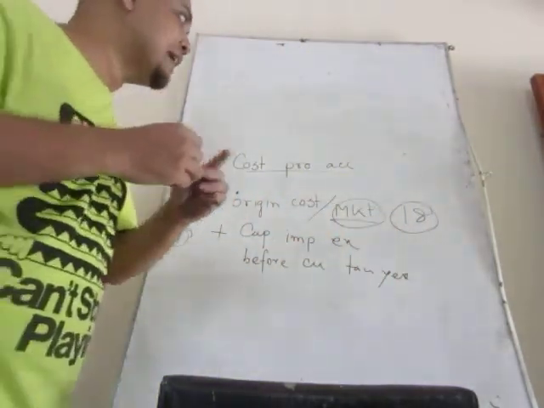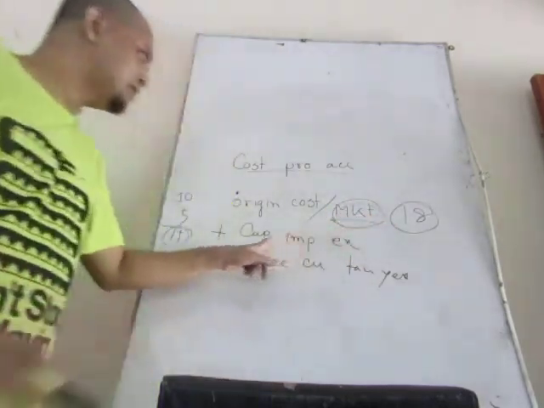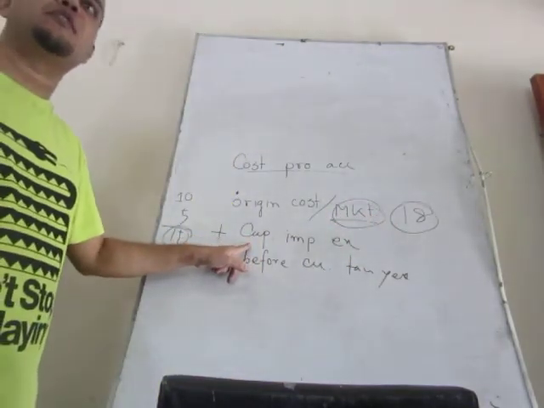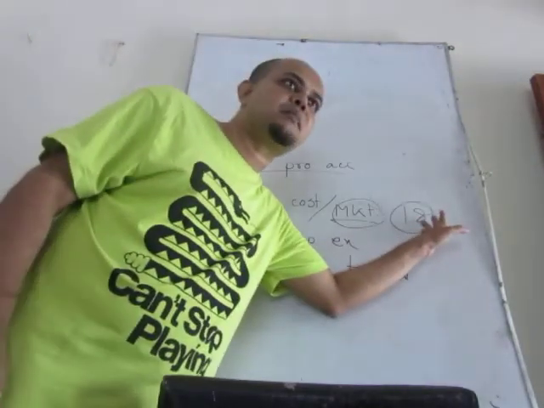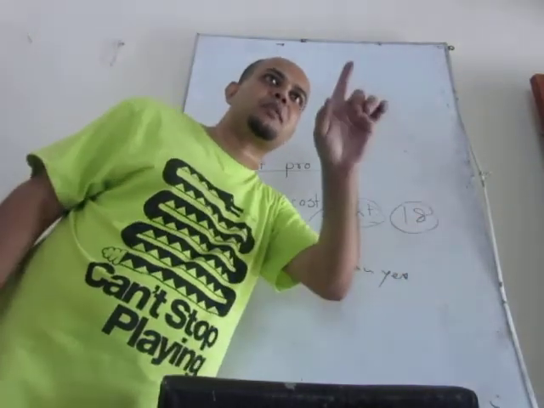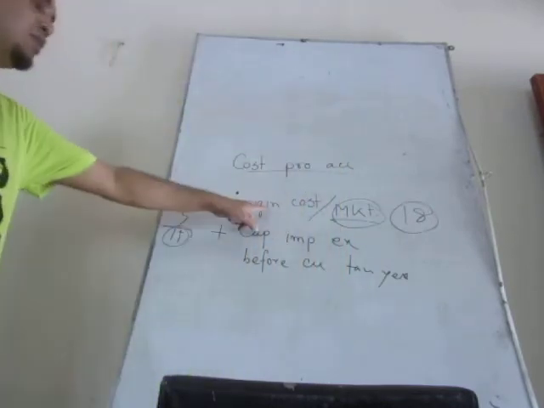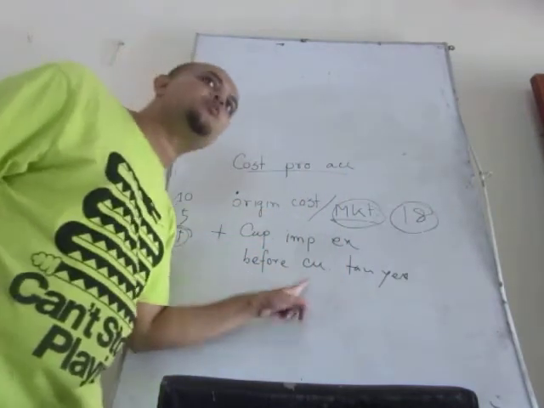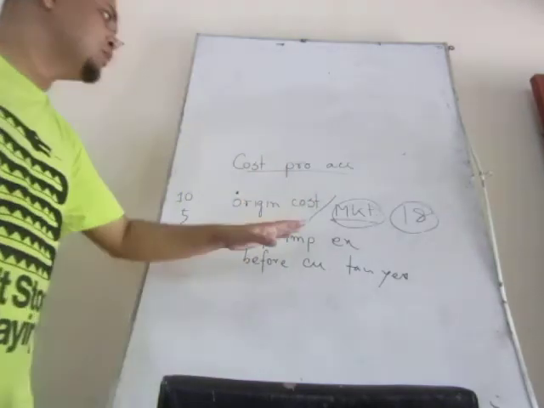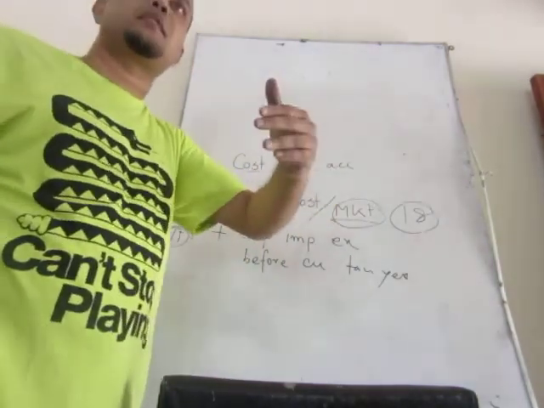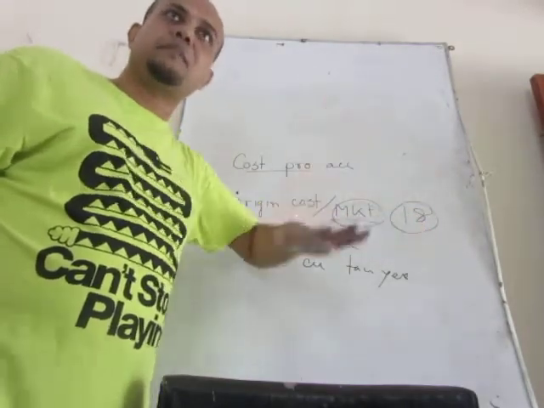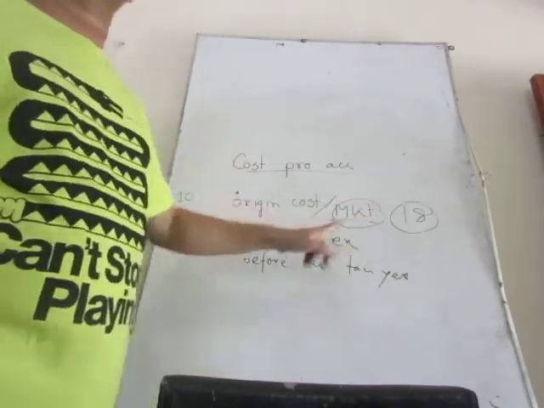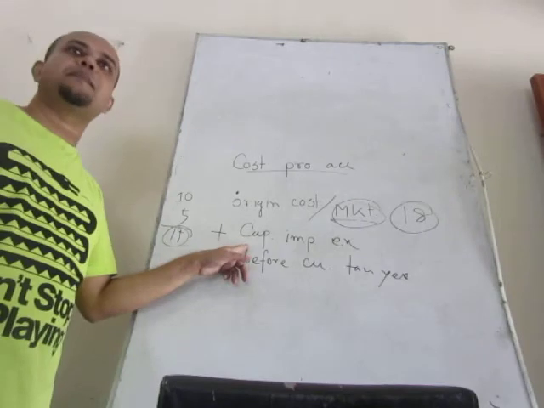When you are using the current market price, you need not add any capital improvement, because the capital improvement is already within the current market price. Remember this: when you use original cost, capital improvement should be added to it. But when you use market price, that is, if you bought the item more than 6 years earlier, there is no need to add capital improvement.